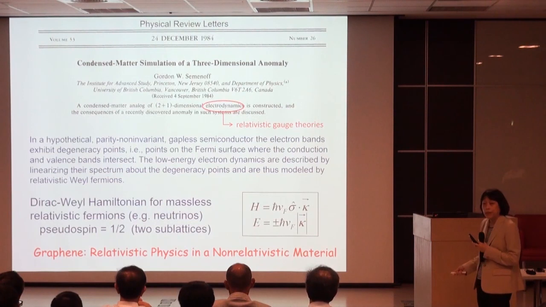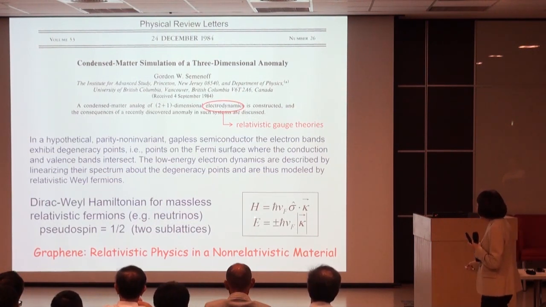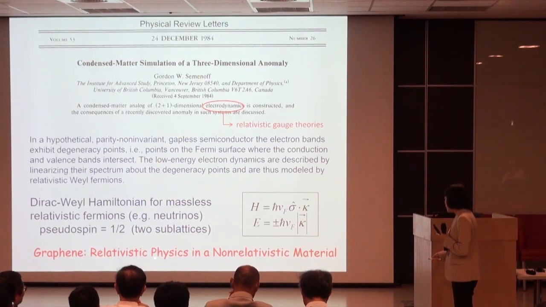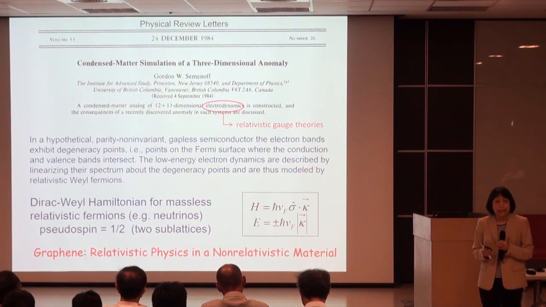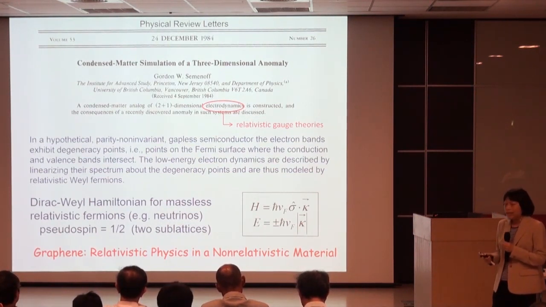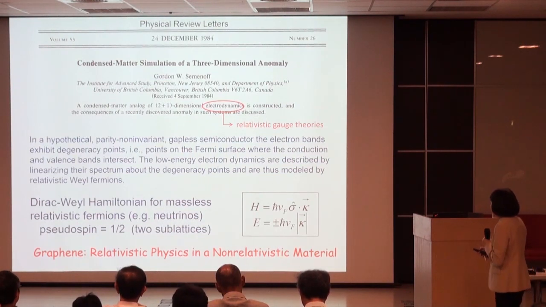The Hamiltonian describes neutrinos, and the energy is proportional to the wave vector. Okay. All right, so in the past few years there have been a lot of studies of this kind of relativistic physics in a non-relativistic material, just because of the similarity in the Hamiltonian.